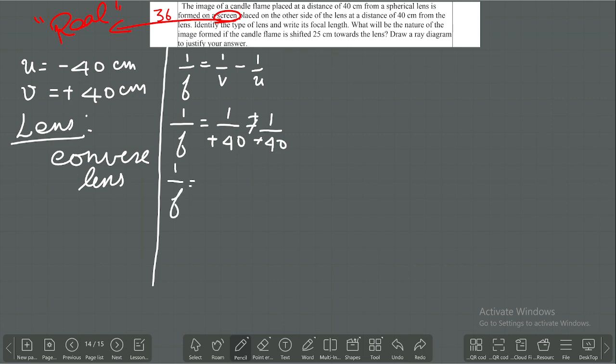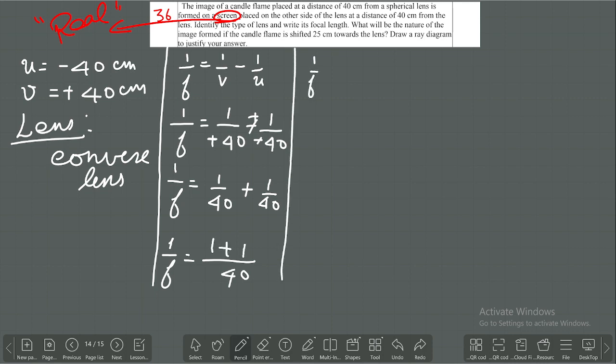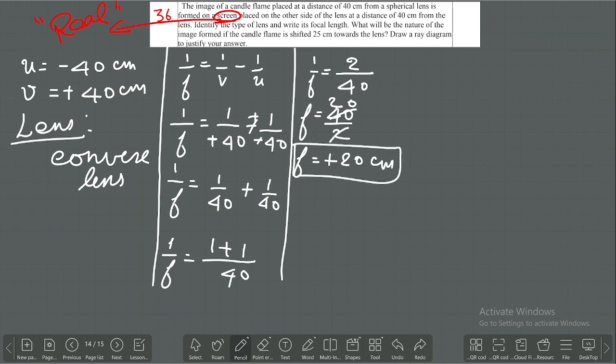So 1 by f is equal to 1 by 40 plus 1 by 40. As the denominator is the same, 1 by f is equal to 1 plus 1, which is 2 by 40. Therefore f is equal to 40 by 2. 1 2s are 2, 2 2s are 4. So f is equal to plus 20 centimeter. Either you can prove it like this, or based upon the diagram you can prove that.